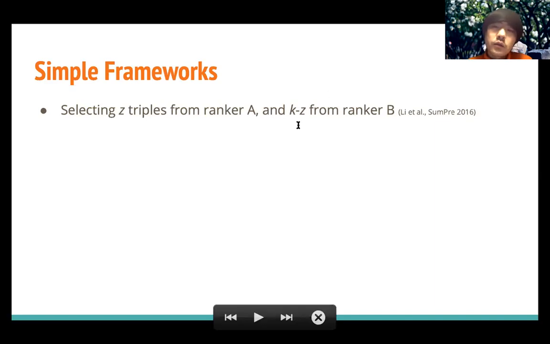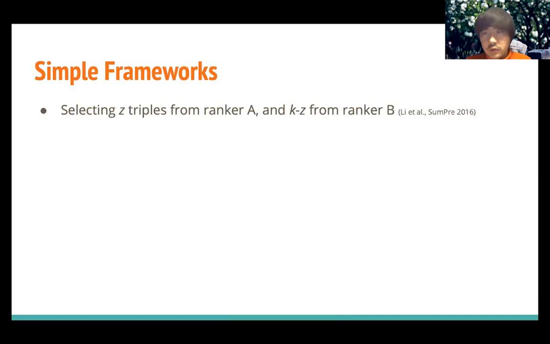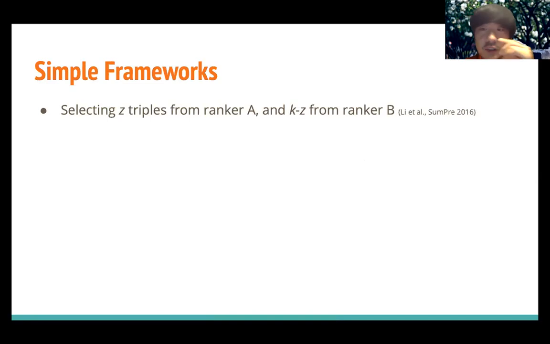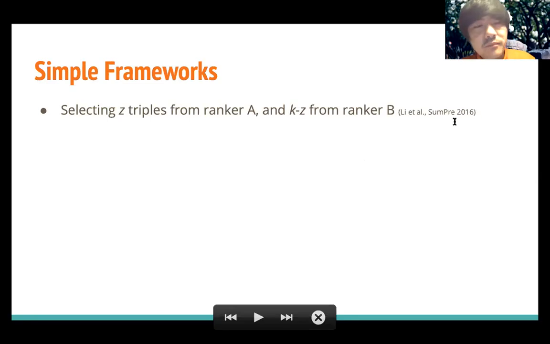The most simple way is that you can select Z triples from ranker A and select K minus Z triples from ranker B. So you will have a total of K triples as your output. This is very simple, but you need to define Z. Anyway, this kind of very simple framework has been adopted by some systems.